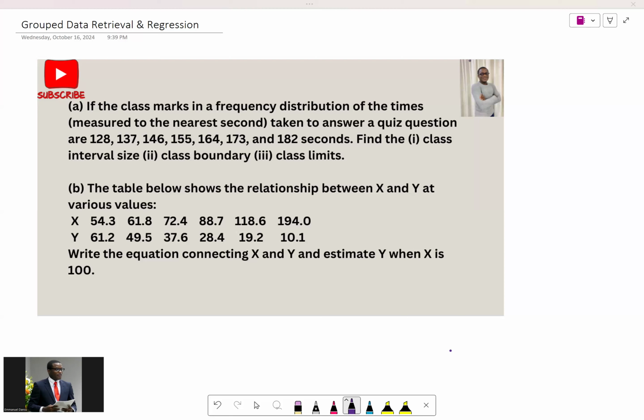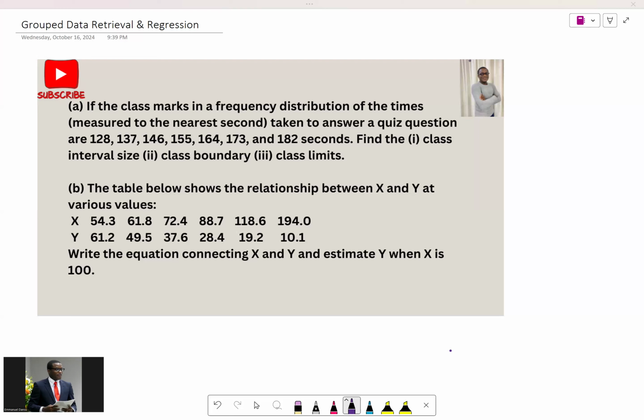Then B, the table below shows the relationship between X and Y at various values. So you have X and Y pairs of 54.3 against 61.2, 61.8, 49.5, 72.4, 37.6, 88.7, 28.4, 118.6, 19.2, and 194.0, 10.1. So that's what we have.